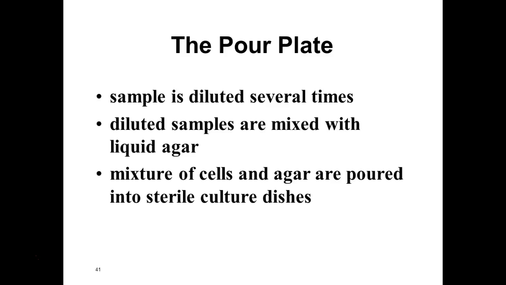The tricky part about this is that the diluted samples are mixed with the liquid agar. The liquid agar, if it's too hot, will kill the organisms. If it's too cool, of course you won't be able to pour it. It will be solidified. So it's really tricky getting it at that right temperature. And then you would pour it into sterile petri dishes.